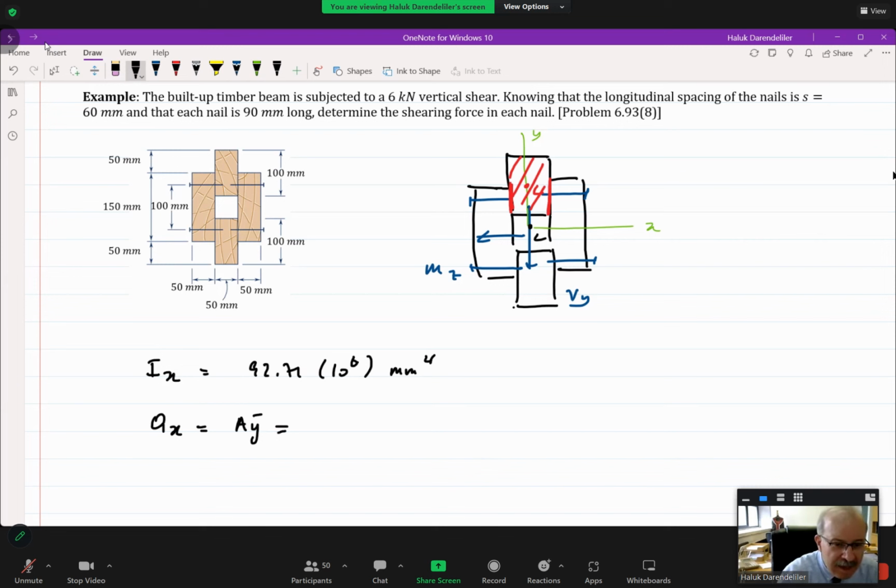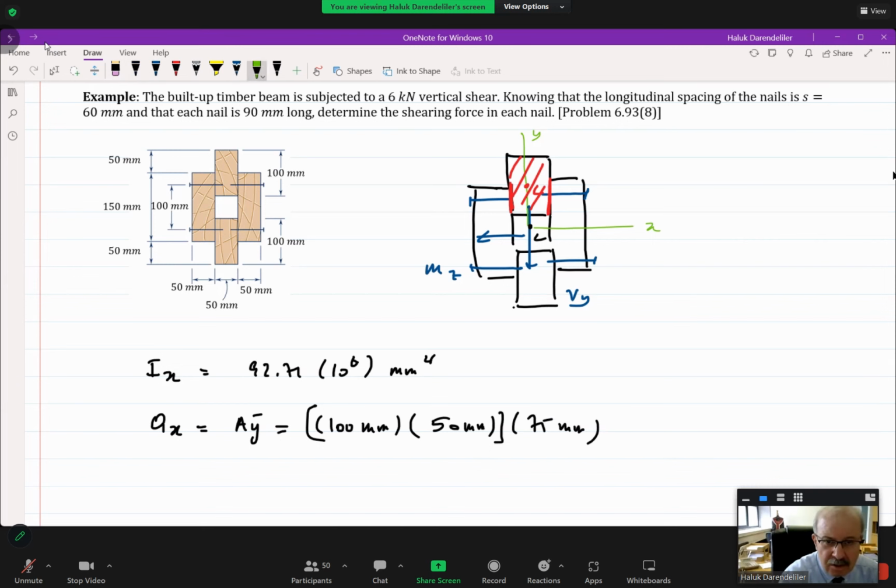What is A? It is 100 millimeters times, yes? 50 millimeters. Yes, 50 millimeters. And then y bar is 75 millimeters. Okay. So y bar is this distance.